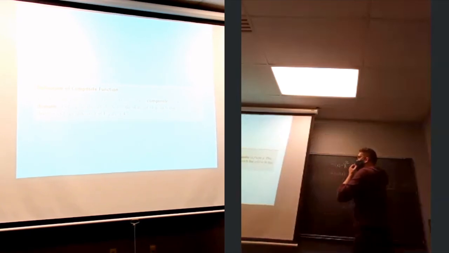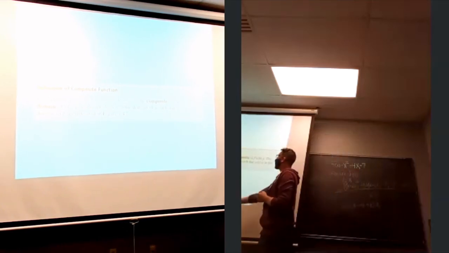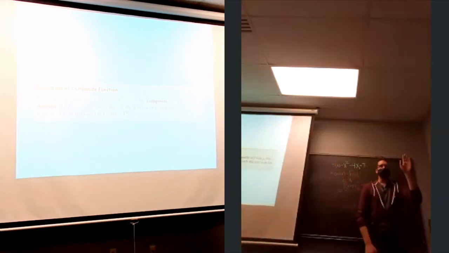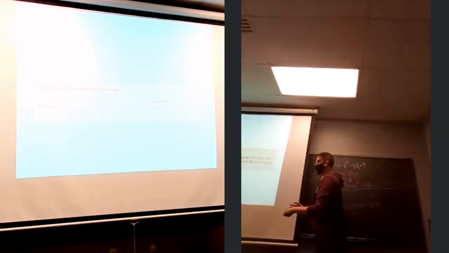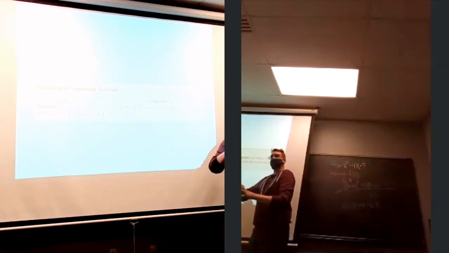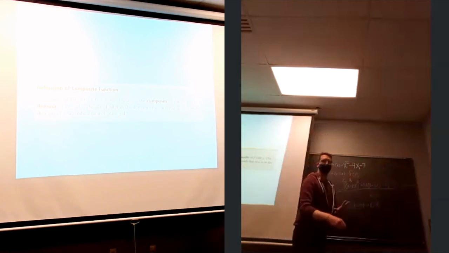For now, though, let's talk about the composite of functions. All the composite of a function is to say I got function 1, I got function 2. I'm going to do function 1, then I'm going to put it into function 2. Or I'm going to do function 2, and then I'm going to put it in function 1.